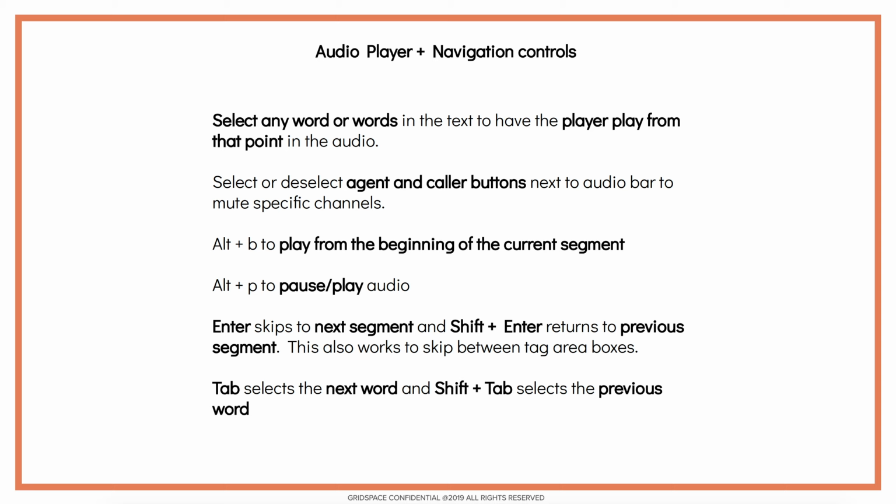Enter will skip to the next segment, and Shift-Enter skips to the previous segment. And once we start adding tags, that is also how you can skip between the tag area boxes. Within the segment, you can use Tab to select the next word and Shift-Tab to select the previous word.